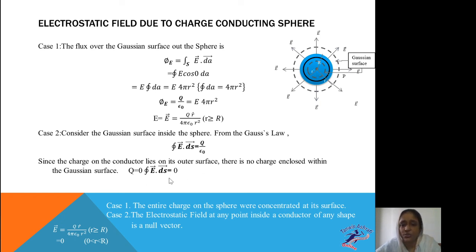Therefore Q equals 0 and this term is equal to 0. That means we conclude, for case 1, the entire charge on the sphere is concentrated on the surface. The electrostatic field at any point inside a conductor of any shape is a null vector. So when small r is greater than or equal to capital R, we get the electric field as above, but when small r is inside the sphere, the electric field is 0.